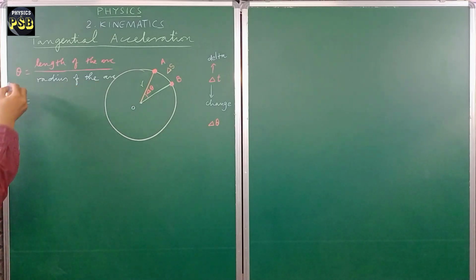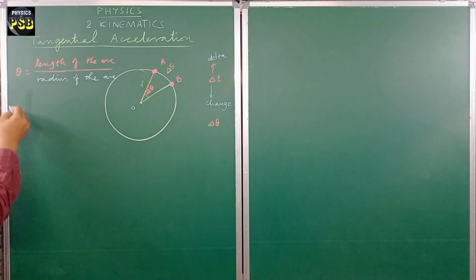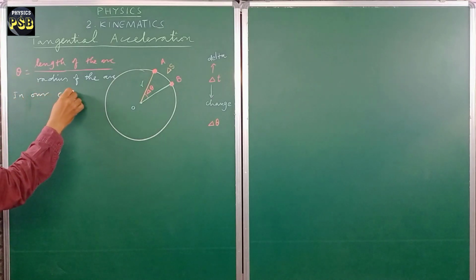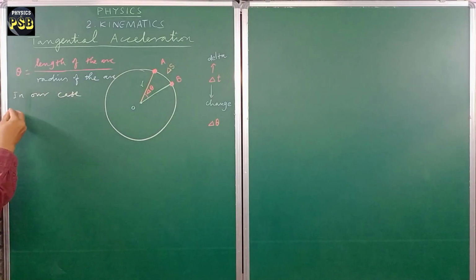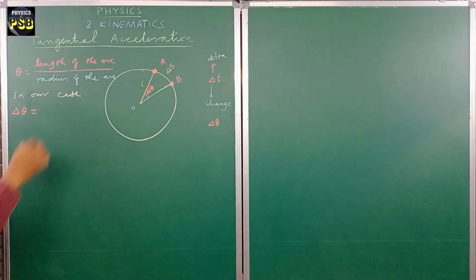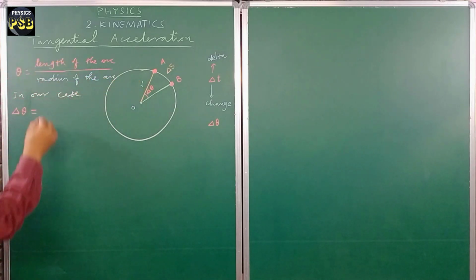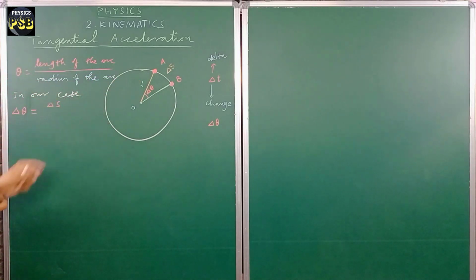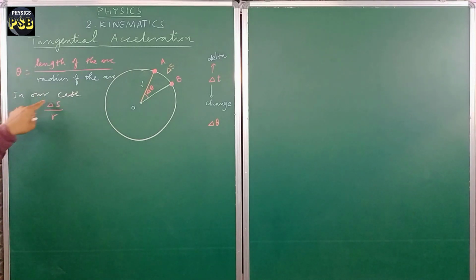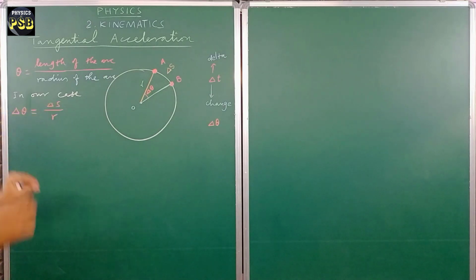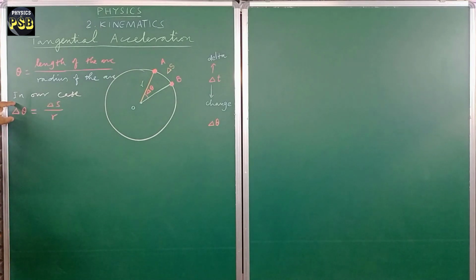Similarly, here in our case, the angular displacement is delta theta, which is equal to the length of the arc, delta s, divided by the radius, r. If you look at these three quantities, except the radius, the other two parameters are written with the delta, to show that they change with time.